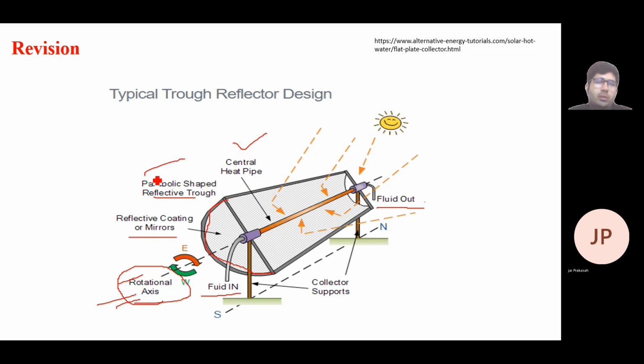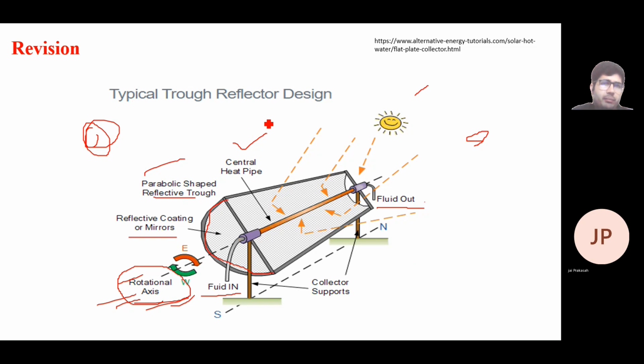Suppose you are not doing the tracking, and the sun is on this side and this is looking at that side, so it will absorb very little radiation. The intensity of radiation will be less, so we put it so that it always faces the sun.